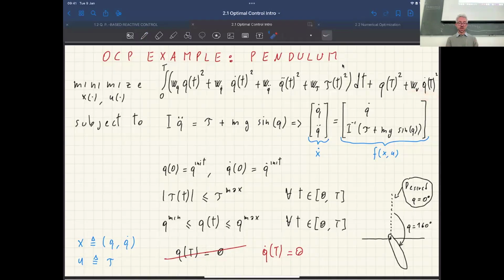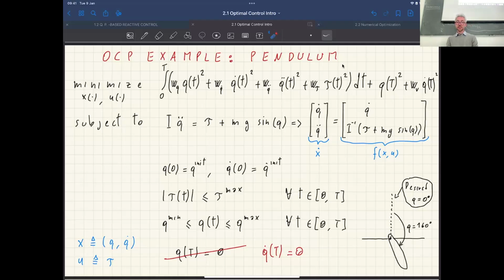It depends how much you care about this. If you really want to achieve that with a very high accuracy, then use it as a terminal constraint. If it's more something like, I wish that would happen, but it's not the end of the world if it doesn't, then you put it as a terminal cost.